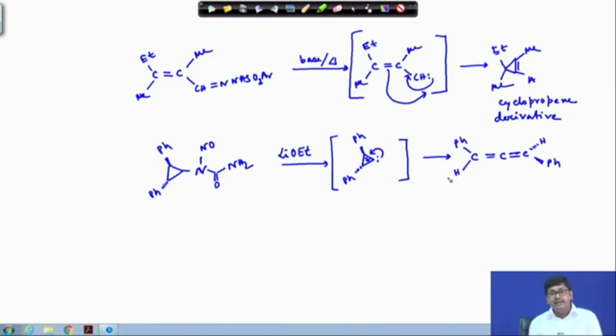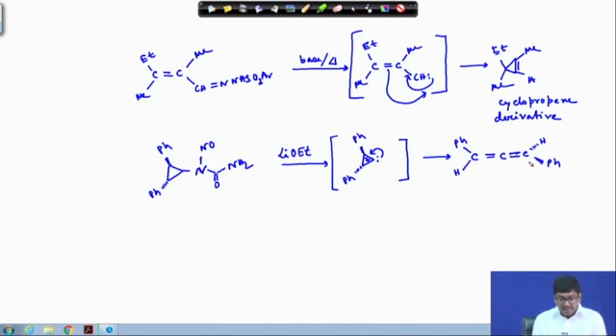You know what an allene is? In case of an allene, these two groups and these two groups will be perpendicular. Okay. So, they will not be in the same plane. So, that is why they are written in this way. So, this is a special type of compound, this is called an allene.